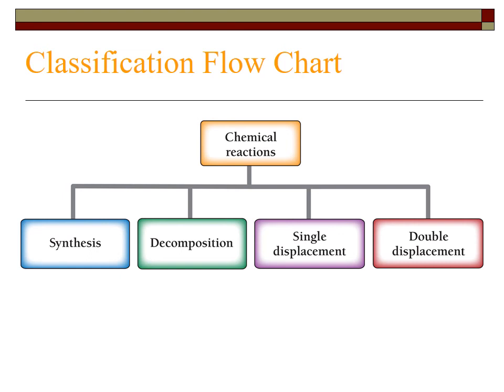Single displacement, I'm using some sort of metal in order to split them apart through the cation switching with the only anion in the reaction. And double displacement is the type of reaction we just got done talking about, which was precipitation, gas evolution, and acid-base reactions, where we have two cations and two anions and they displace with one another.